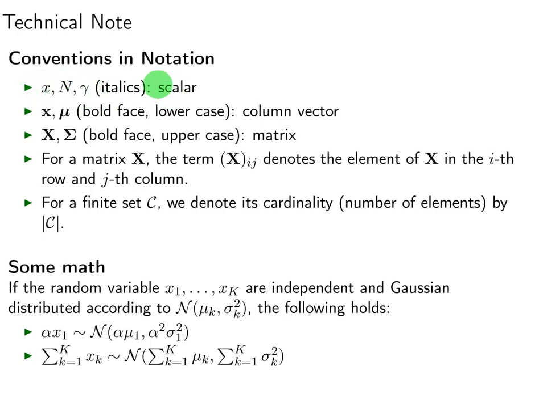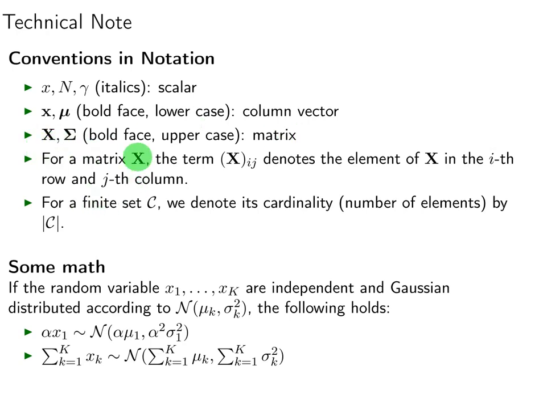This will represent a scalar value, while a vector, the column vector, will be lowercase bold-faced. And we represent a matrix as bold-faced uppercase, so X or sigma. This will mean that we're dealing with a matrix.